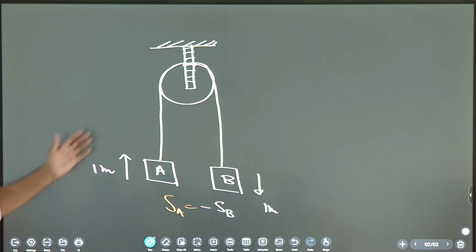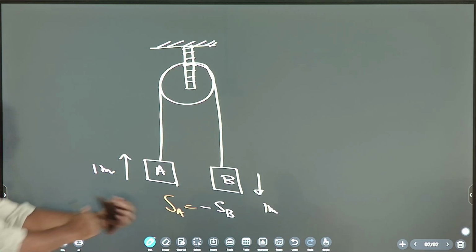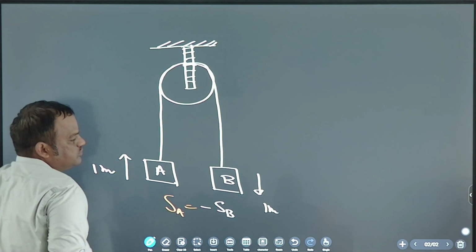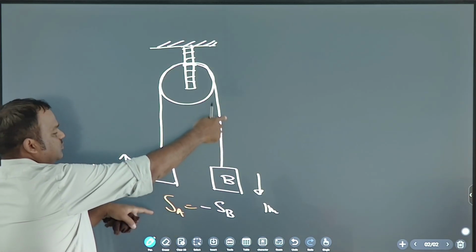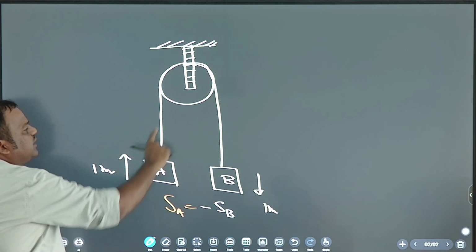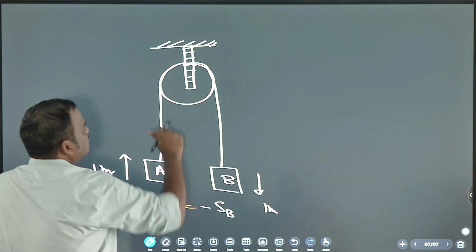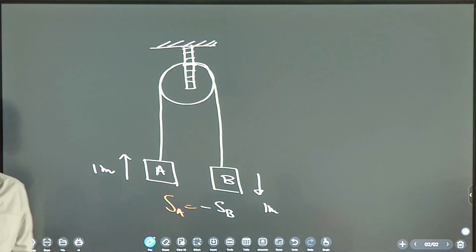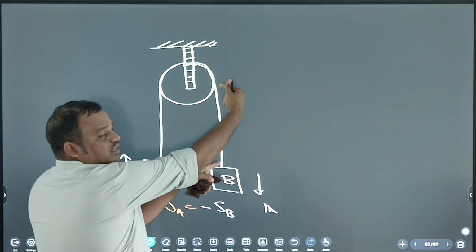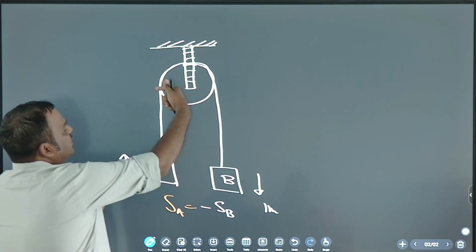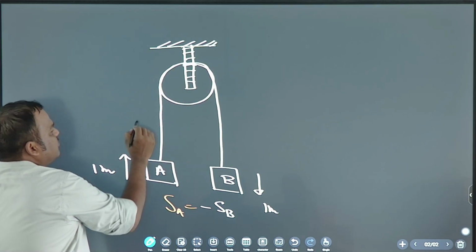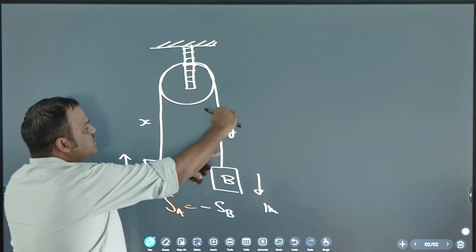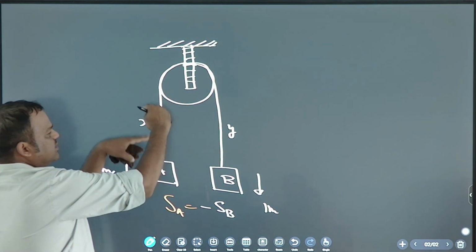Okay, note down. Draw this diagram. If B is going down, A is going up. If B is going up, A is going down. Because the length of the string is fixed. If this part of the length is increasing, this part of the length is decreasing. Suppose this length is x and this length is y. If y is increasing, x is decreasing.